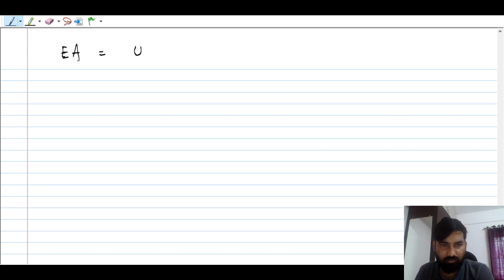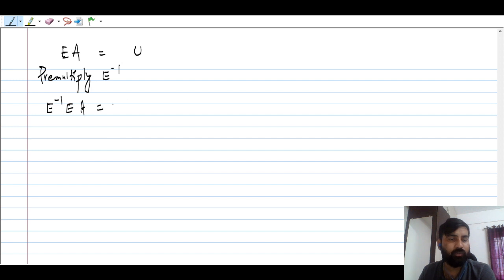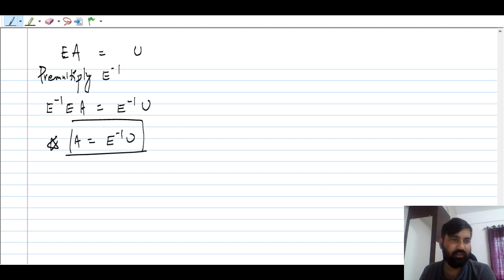Now what you can do, you can pre-multiply E inverse, right? Okay, so E inverse E A equal to E inverse U, right? So this is A equal to E inverse U. ठीक है, ये याद रखना.